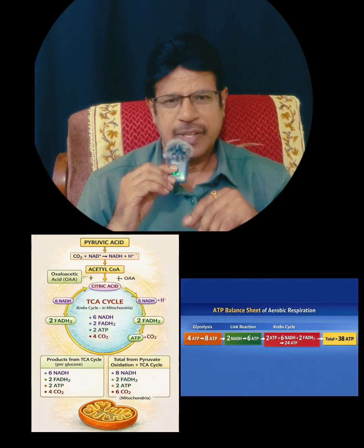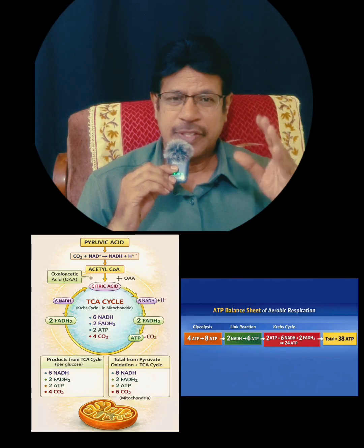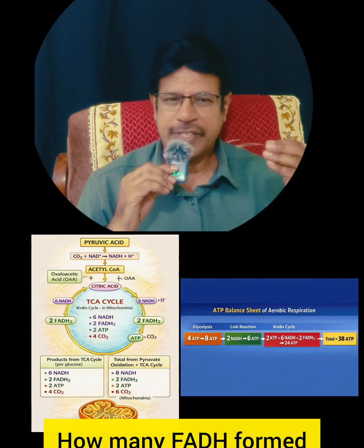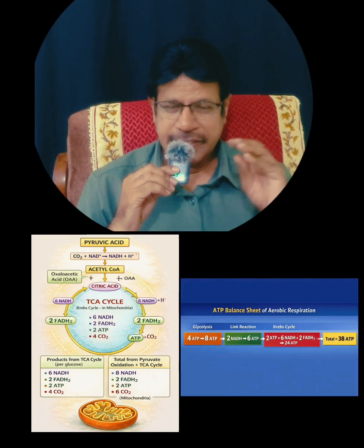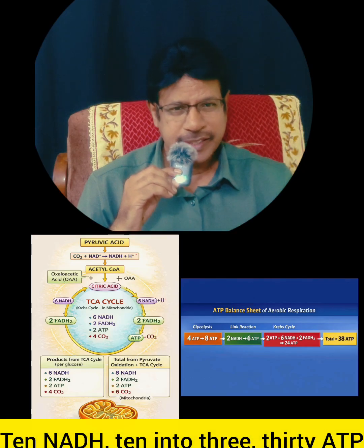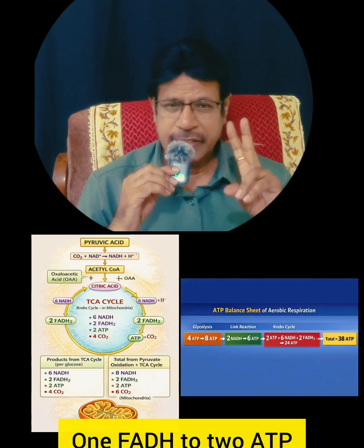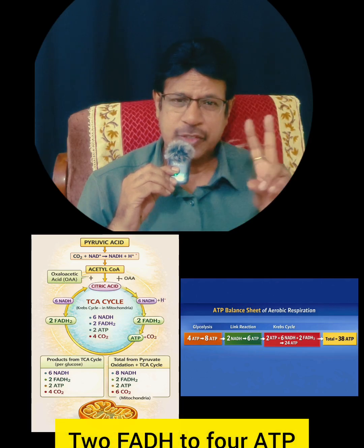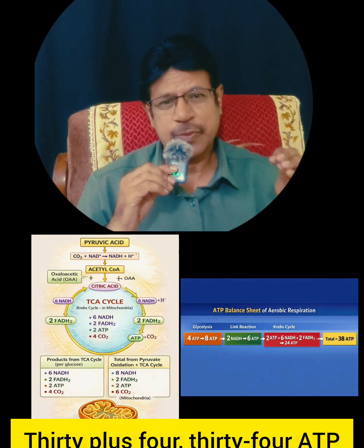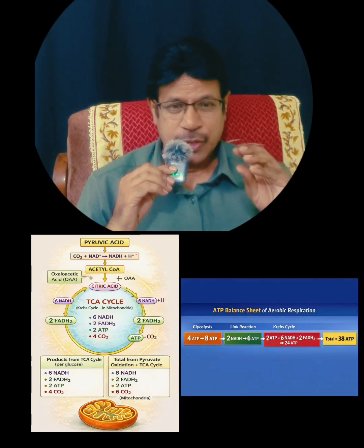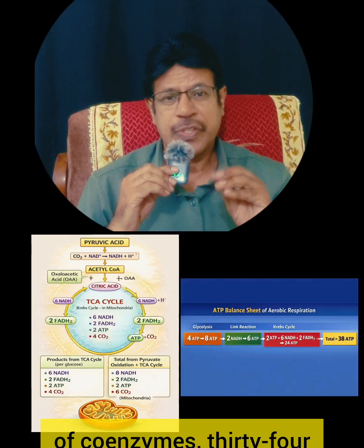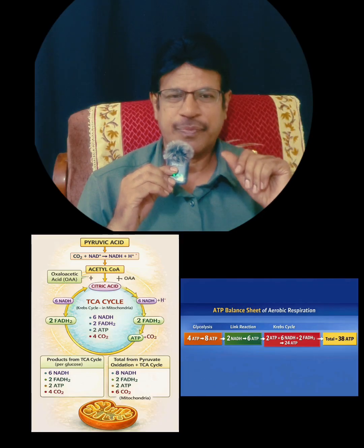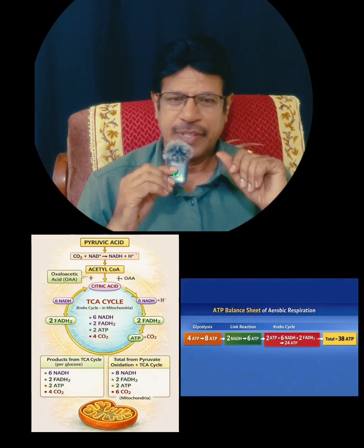Next, how many ATP are formed by oxidation of all reduced coenzymes for one molecule of glucose? How many NADH are formed? 10 NADH. How many FADH2 are formed? 2 FADH2. 1 NADH gives 3 ATP, so 10 NADH, 10 into 3, 30 ATP. 1 FADH2 gives 2 ATP, so 2 FADH2 give 4 ATP. 30 plus 4, 34 ATP. So the number of ATP formed only due to oxidation of coenzymes is 34 ATP.